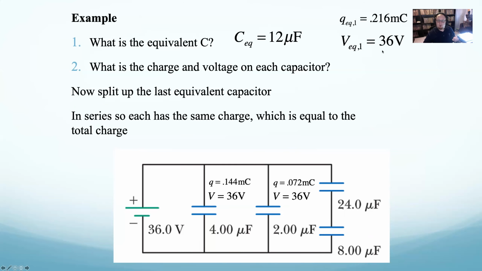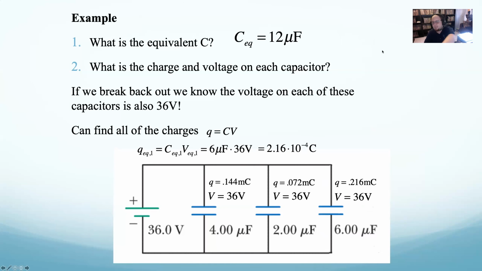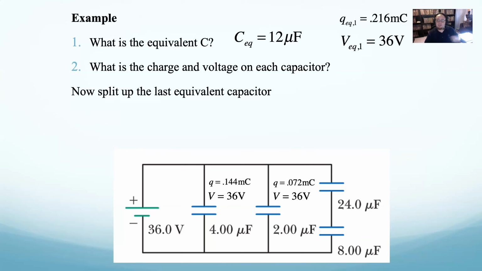Back when I had them as just one, I said that this equivalent had a charge of 0.216 millicoulombs. Now that I split them up, these are in series. All capacitors in series have the same charge, and their charge is the same as the equivalent.